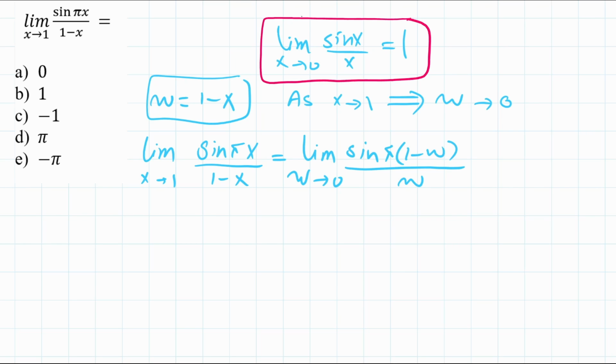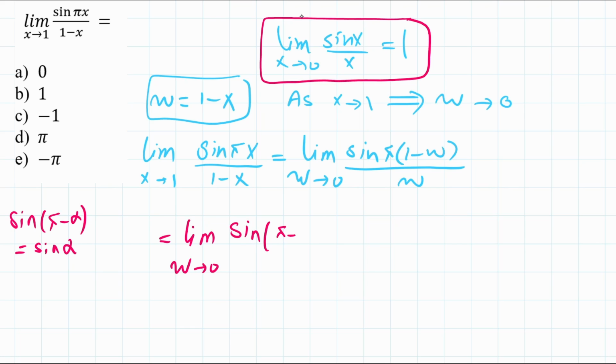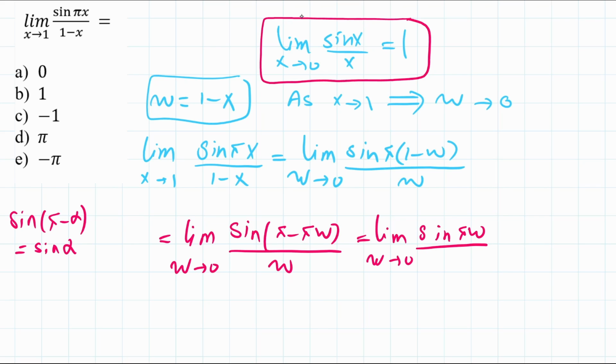Now it is known that sine of pi minus alpha is equal to sine alpha, and therefore this limit could be written as the limit as w goes to 0 of sine of (pi minus pi w) divided by w, equal to the limit as w goes to 0 of sine pi w over w.